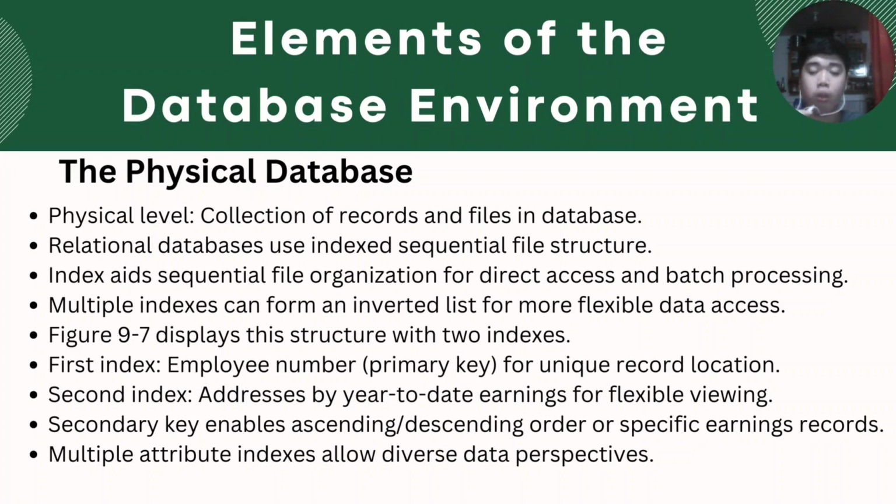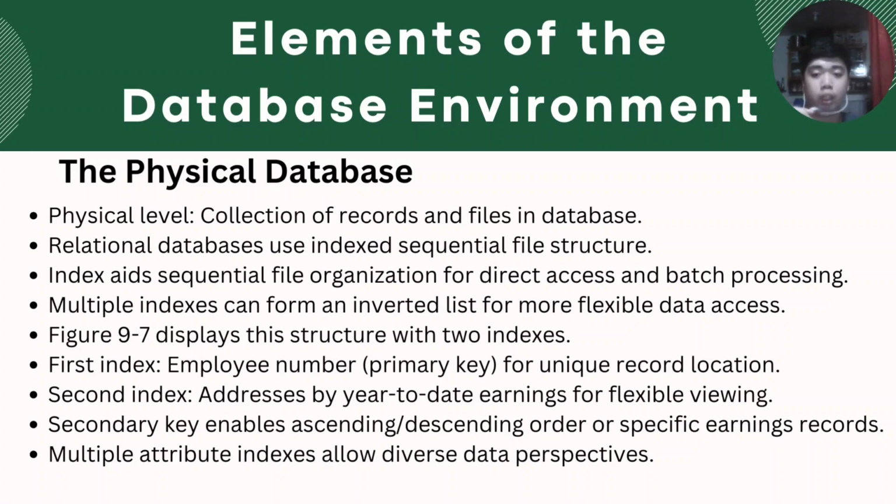So to continue, let us now discuss the physical foundation of the database structure. At this level, the database takes the form of an assemblage of records and files. In the context of relational databases, they are built upon the index sequential file structure.